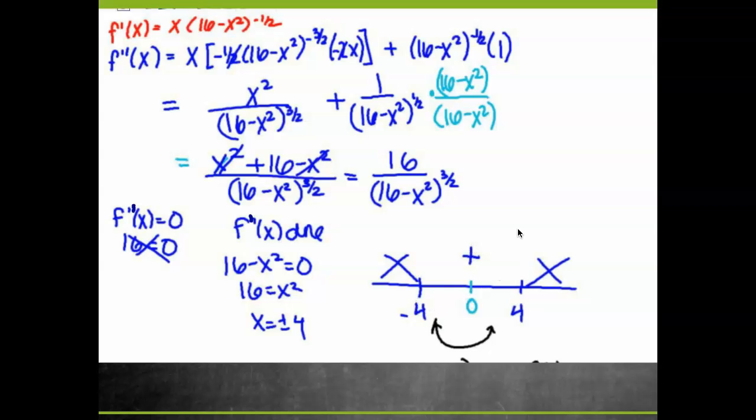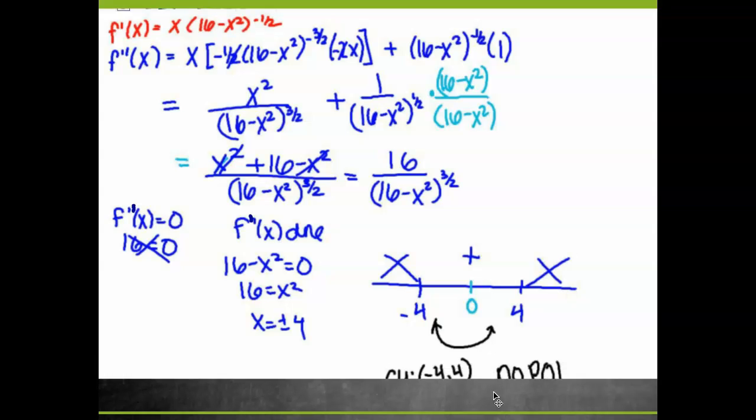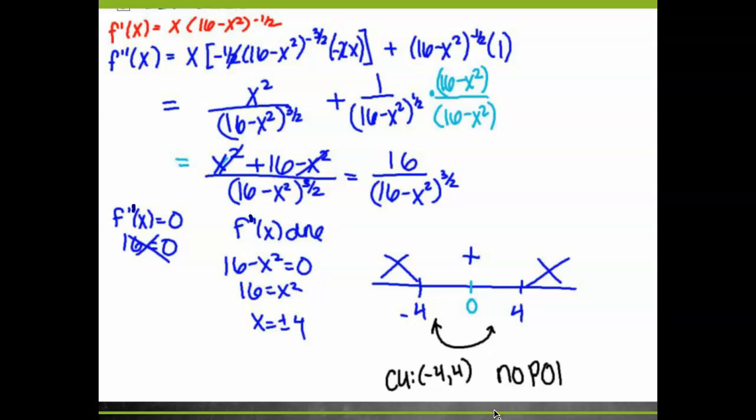In this case, the sign is positive. Therefore, this is always concave up, never concave down, and no POIs. So g is concave up from -4 to 4. It has no intervals of concave down, or none, and there are no POIs.